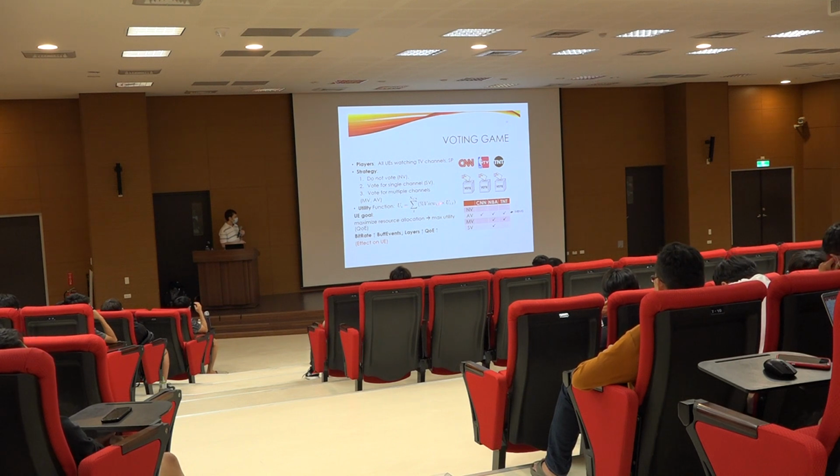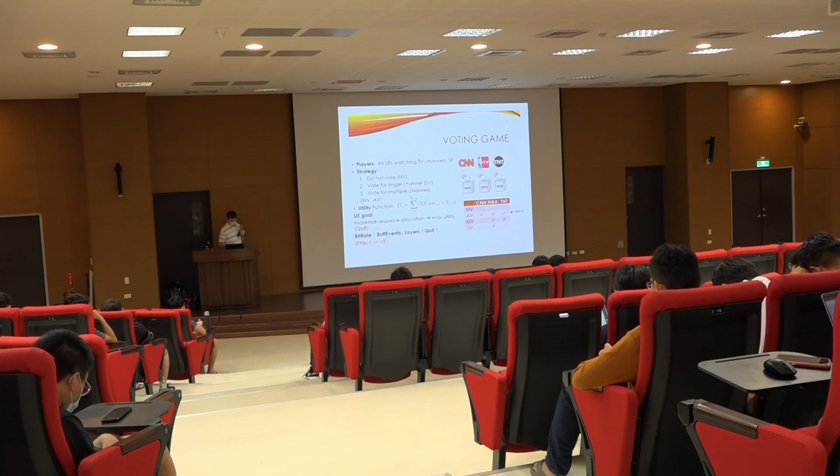So in this context, you could say, fine, you vote for multiple channels, but unless you're going back and forth between two channels, it doesn't help. So the goal of the user equipment is to maximize resource allocation or maximize utility. This effectively increases the bit rate, decreases the buffering events, increases the number of layers, and increases the QoE. That's at least the effect on the UE.